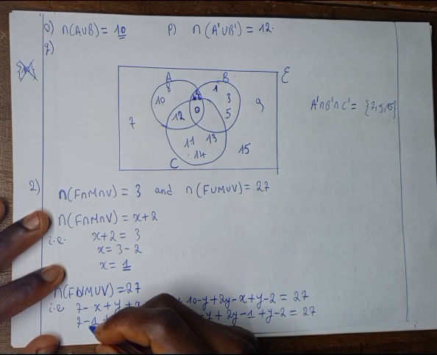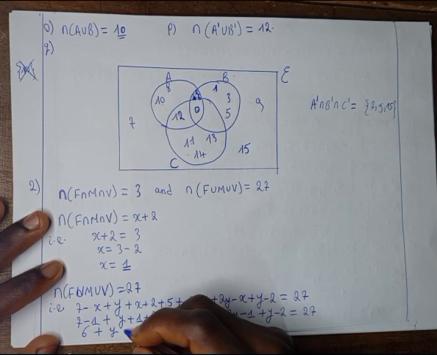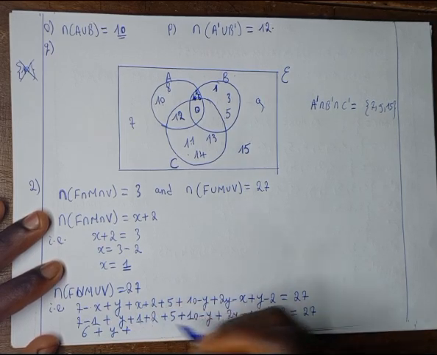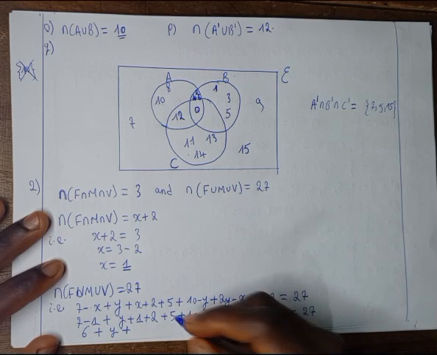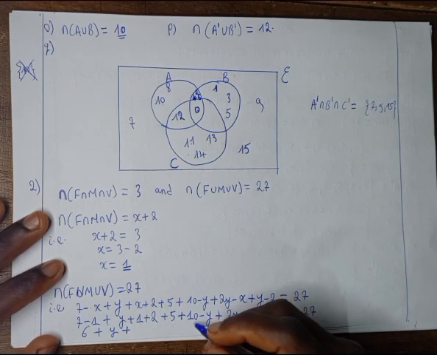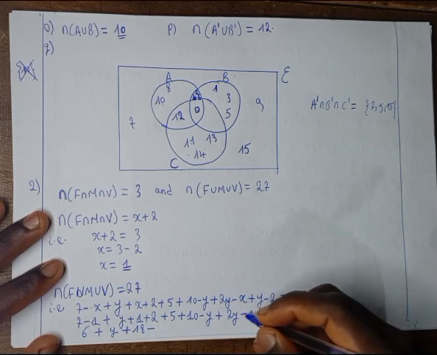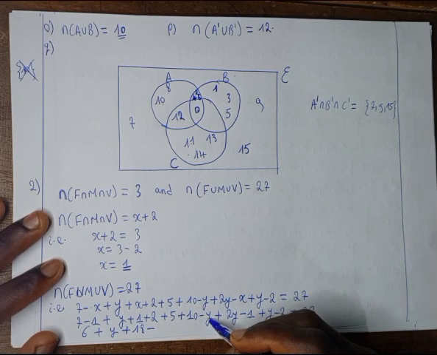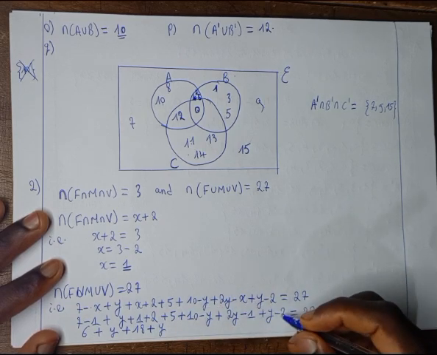7 minus 1 gives us 6 plus y plus 1 plus 2 gives us 3. 3 plus 5 gives us 8. 8 plus 10 gives us 18 minus we have here negative y plus 2y gives us plus y.